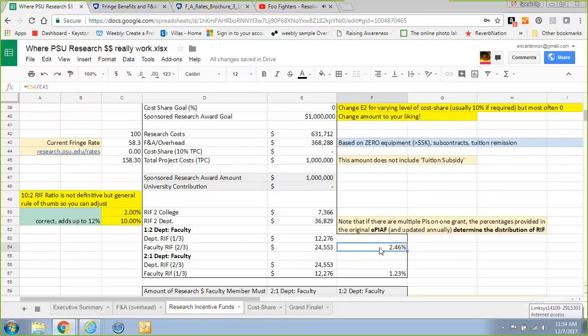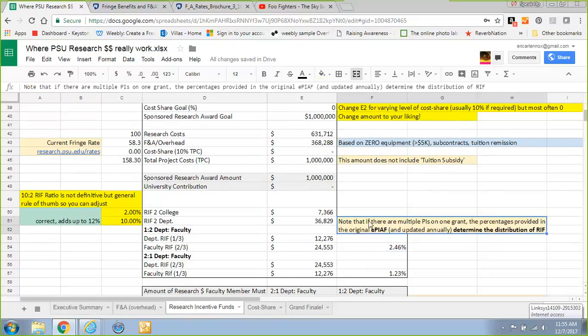And keep in mind, a lot of times when you're applying to a $1 million grant, maybe it's between you and a different faculty member. So it has to be the amount of research that you personally are doing, not the whole thing of the grant, right? And FYI faculty, the distribution of those RIF funds is determined by the EPF that you fill out when you apply for a grant, that you're required to fill out before OSP will click submit.